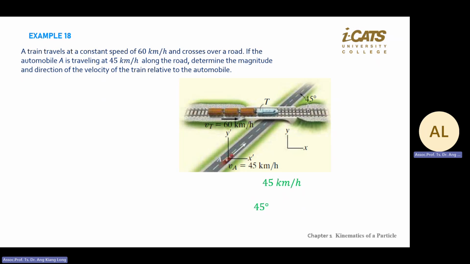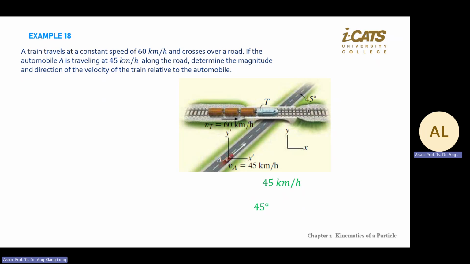If the automobile A and the train are traveling at a certain speed along the road, determine the magnitude and direction of the velocity of the train relative to the automobile. This is a bit of a general question. In this case, you can straight away solve in kilometers per hour, but in the test, you need to convert into meters per second.